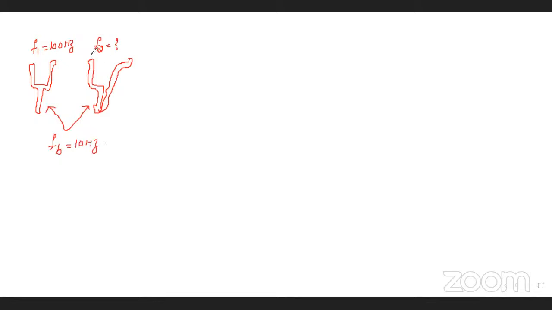Now you can't tell what is the value of F2 because F2 may be 90 Hz or it may be 110 Hz. So what I'm going to give, I will say that F1 is waxed. Then new beat frequency is found to be 12 Hz. These are the two conditions I'm giving. Since you can't determine F2 directly, I'm giving the two conditions apart.